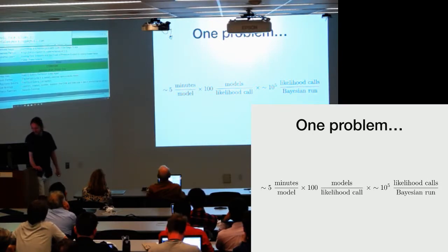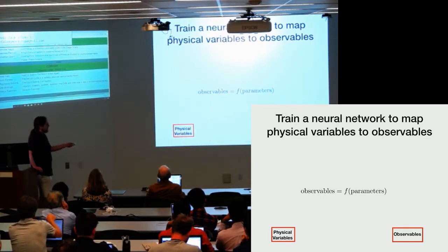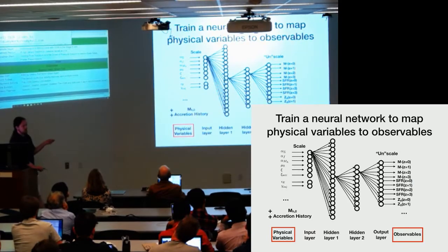So basically what I did is, the problem is I have these physical variables, and I want to predict observables, and the only way I can do that is run my model. But as the title gives away, I can replace this step with a neural network as long as I give it enough examples.